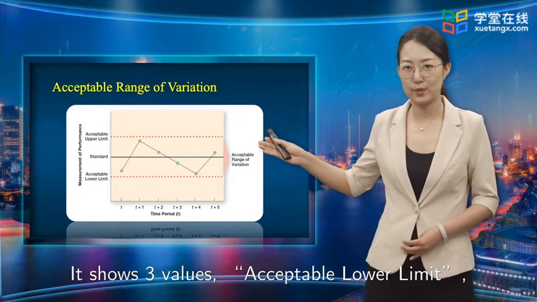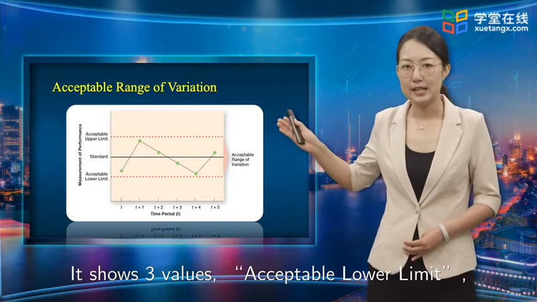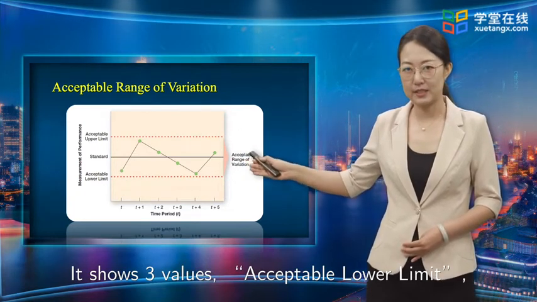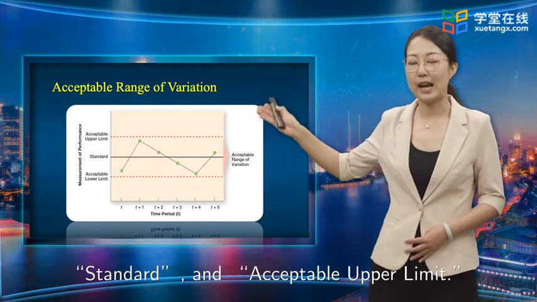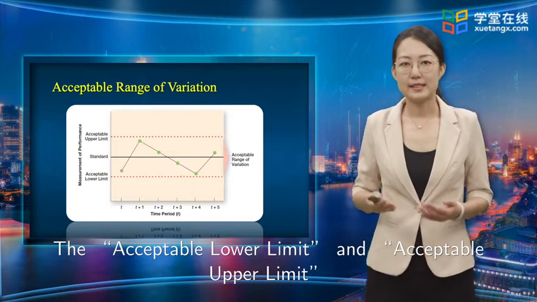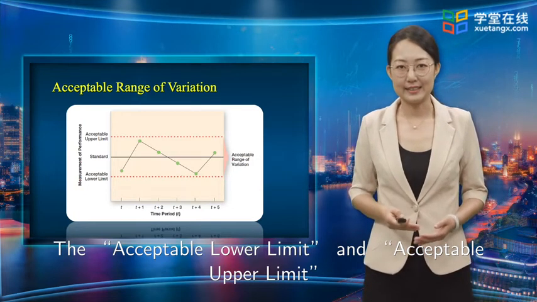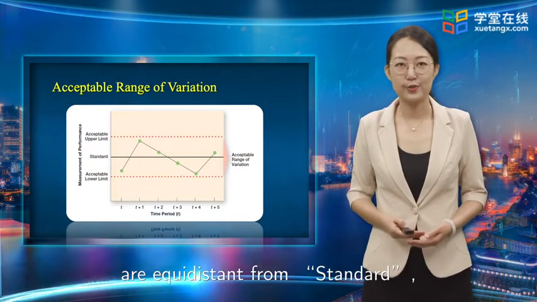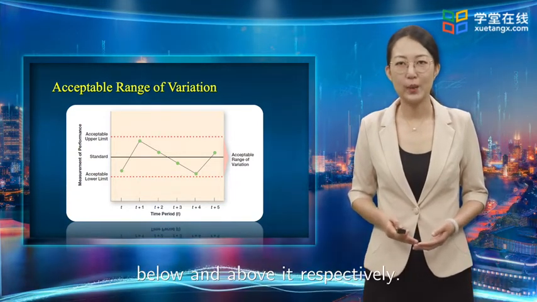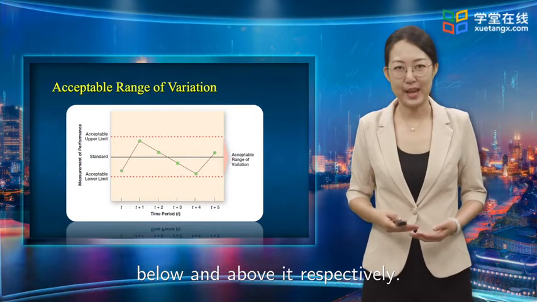It shows 3 values: acceptable lower limit, standard, and acceptable upper limit. The acceptable lower limit and acceptable upper limit are equidistant from standard, below and above it respectively.